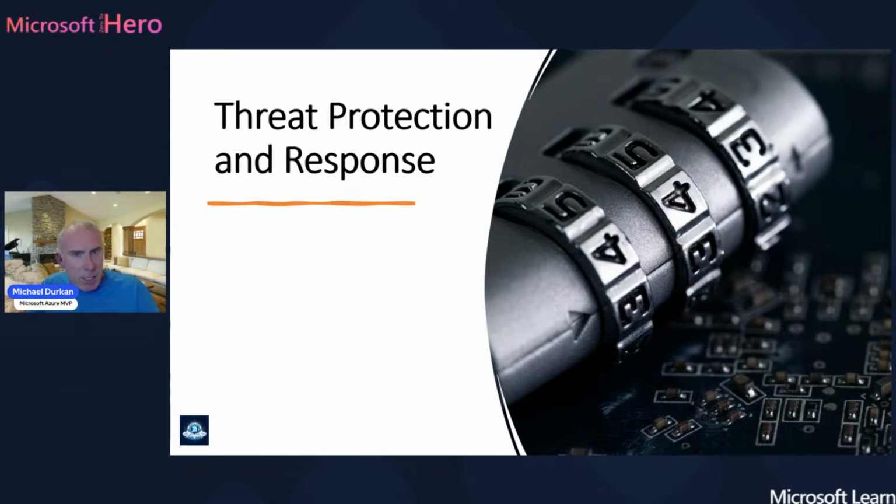If we go a little bit deeper then into threat protection and response, okay, the first thing we're going to look at here is Azure DDoS protection. I mentioned our hub and spoke earlier, and normally what you do is on your hub, you'd implement DDoS protection, okay, and that's going to protect your applications from distributed denial of service attacks. It's continuously monitoring traffic flows. It detects abnormal increases in traffic and patterns associated with DDoS attacks.